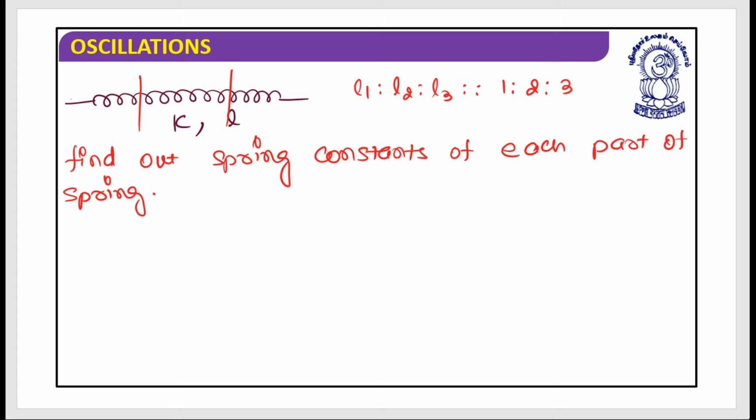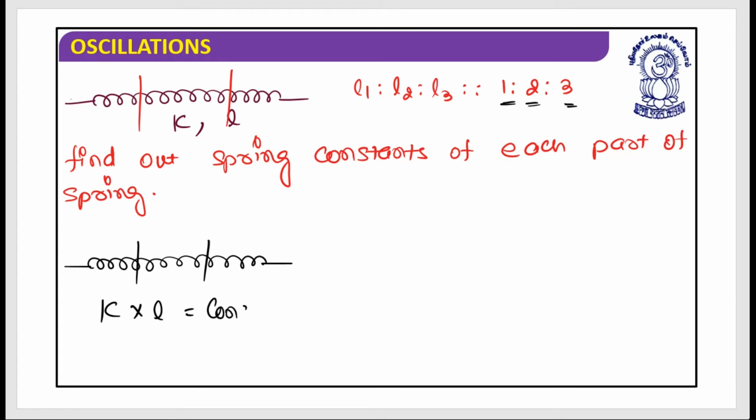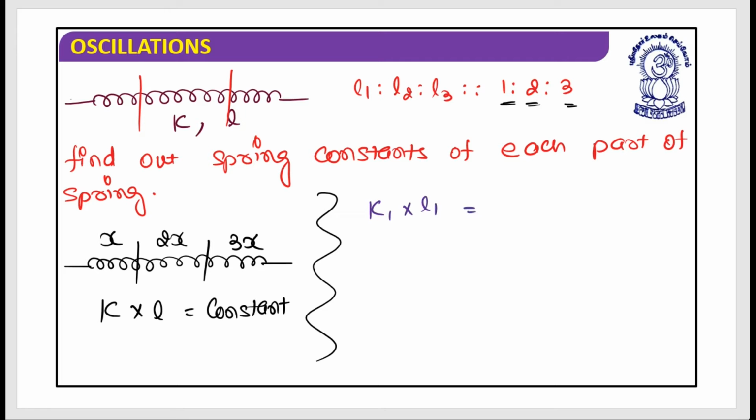This is the situation. This was the natural, or initial, length. It has been divided into three parts whose lengths are in the ratio 1 is to 2 is to 3. So k into L is equal to a constant. Let's say the lengths are x, 2x and 3x. So k1 L1 is equal to k2 L2.